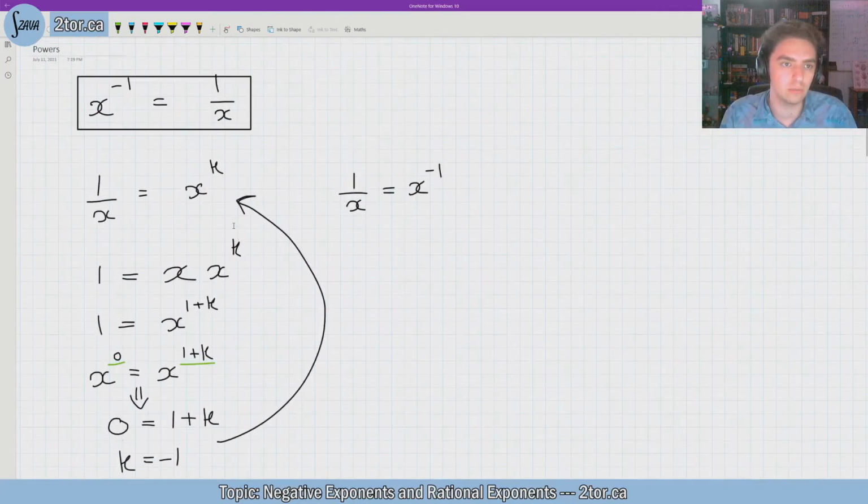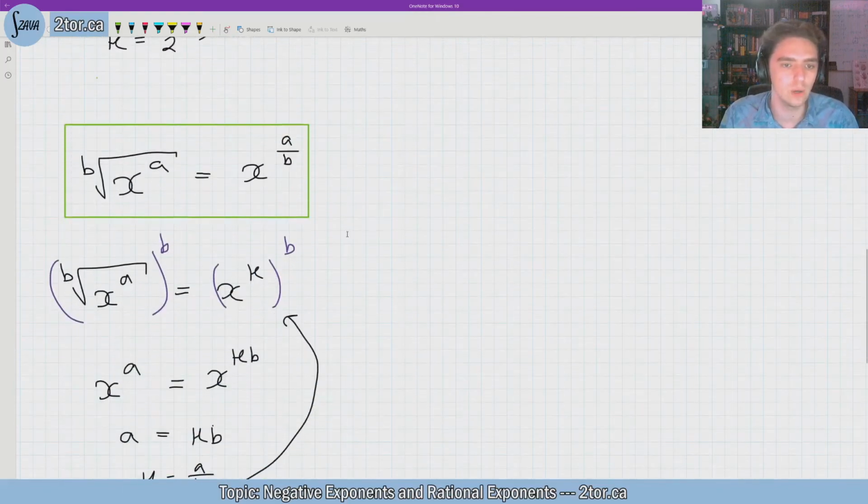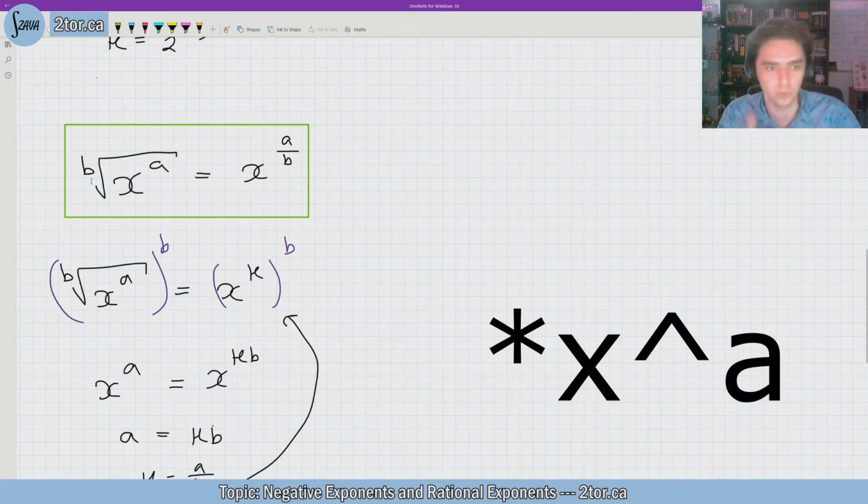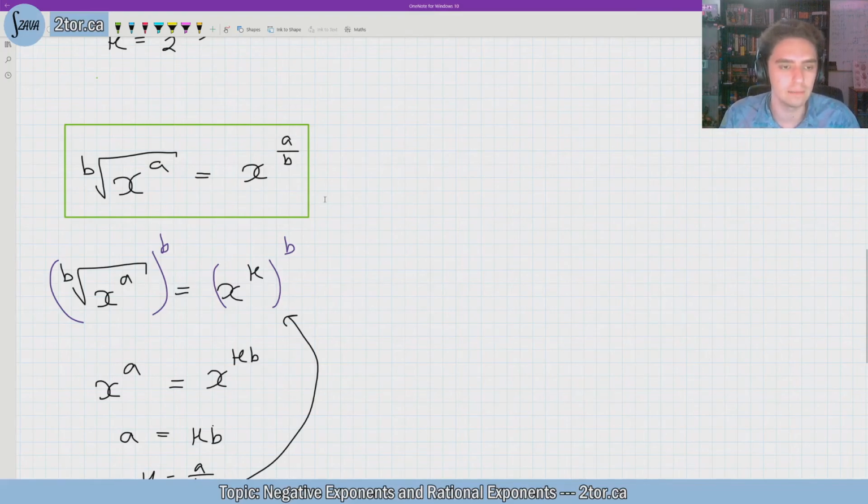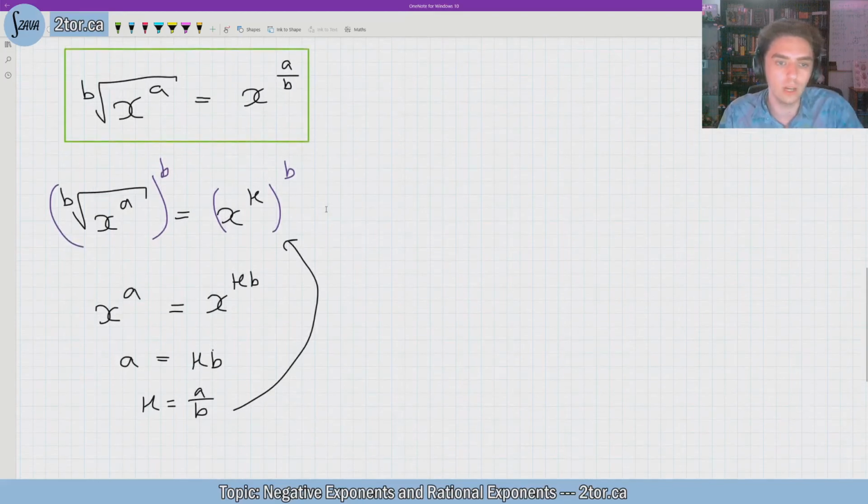The only exponent that would make sense for 1 over x is x to the negative 1. Similarly, the only exponent that would make sense to replace the bth root of x to the a is a over b. And that's because when you try to solve for it, when you try to define it, that's what you have to get. So it's actually ingrained into our algebra rather than just a notation trick.